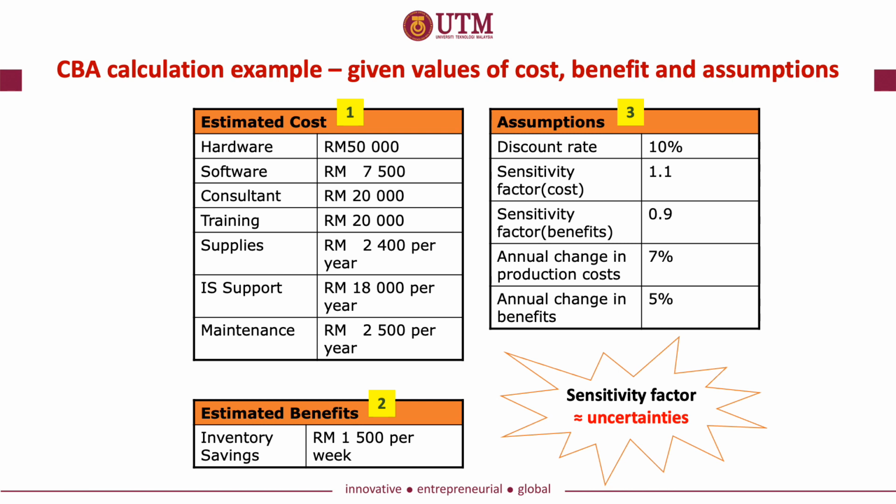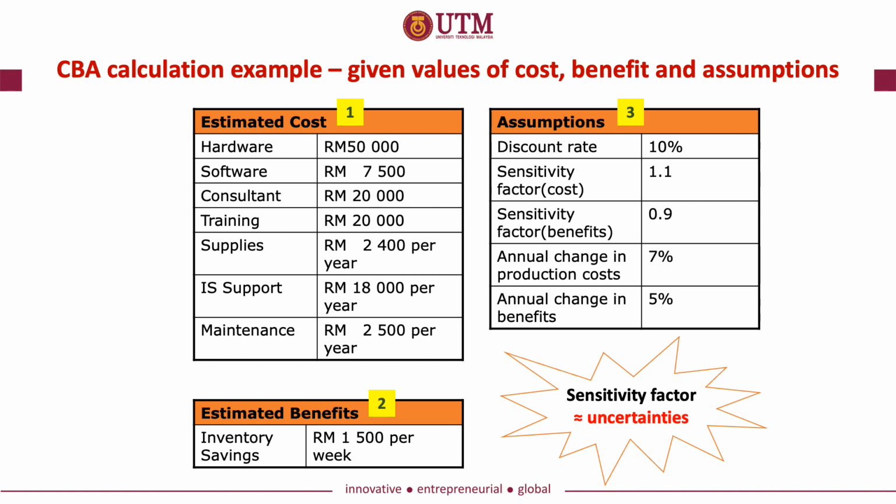This slide and the following 2 slides show an example of how to calculate CBA for the given information on estimated costs, estimated benefits, and assumptions. Those assumptions, such as discount rate, sensitivity factor, and annual change rate, are normally decided and determined by the board of shareholders in an organization. Please take note that the listed estimated costs should be categorized as development costs and production costs.